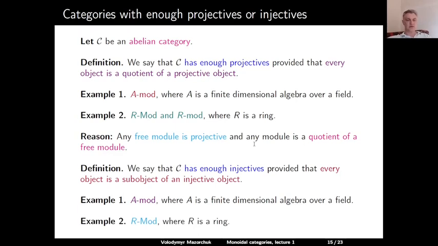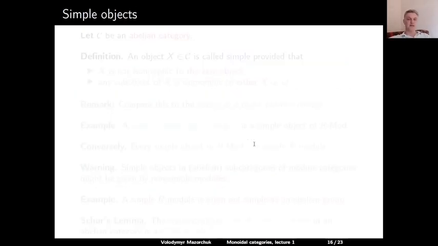The second example is that the category of all R modules, where R is a unital ring, has enough injectives. However, the category of all finitely generated modules over some unital ring usually does not have enough injectives. Injective objects are usually not finitely generated. They're usually very big.